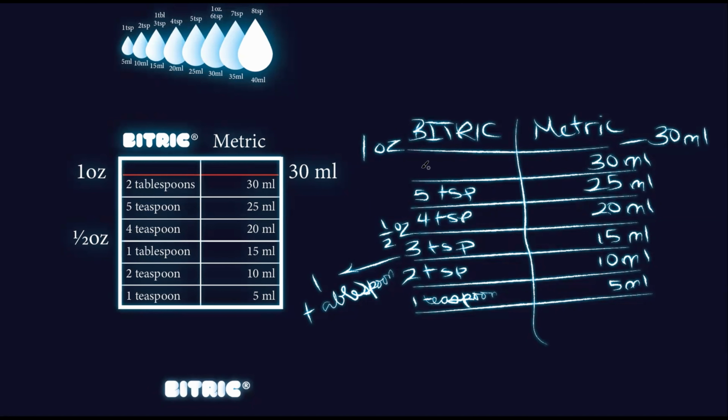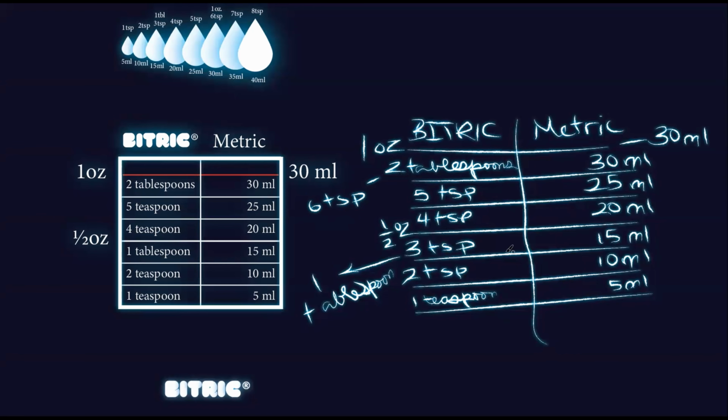And then finally, we have 2 tablespoons, which is the same as 6 teaspoons, which is the total of 1 ounce. So 6 teaspoons is the equivalent of 2 tablespoons, which is the equivalent of 1 ounce.